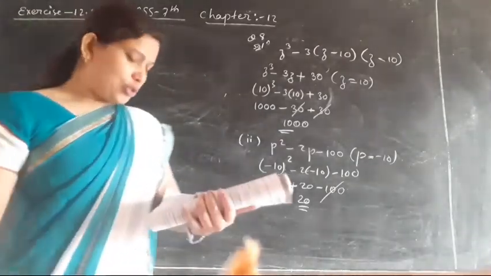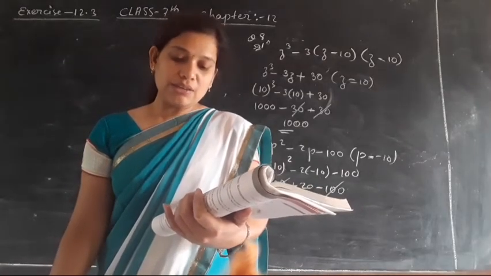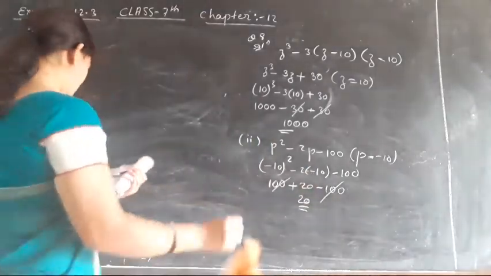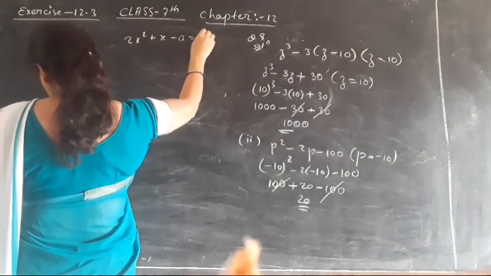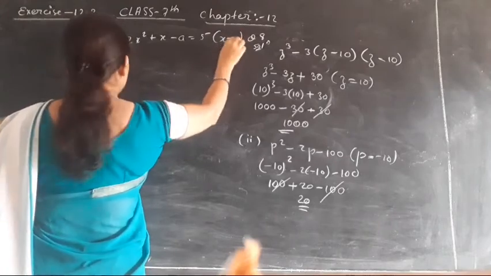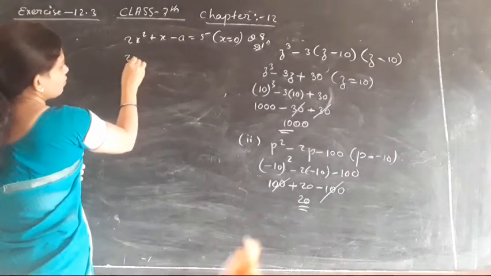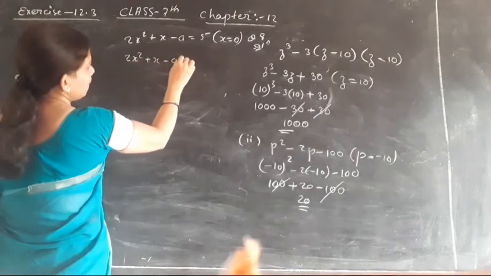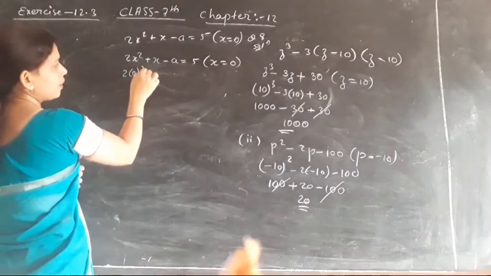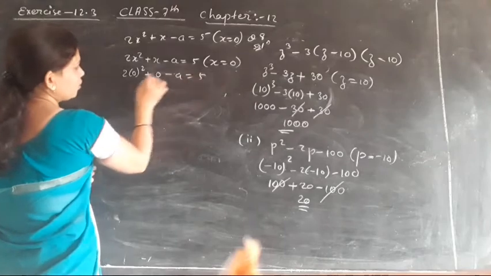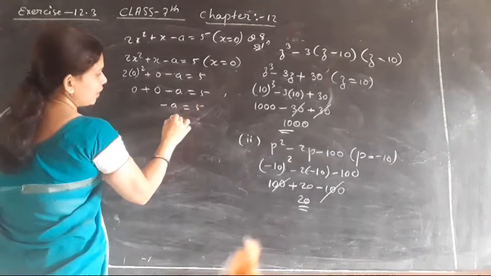It is said that what should be the value of a if the value of 2x square plus x minus a equals 5 when x is equal to 0. Means, if we put x as 0 in this equation, what will be the value? So the equation is 2x square plus x minus a is equal to 5, and what do we put for x? 0. Wherever x is, we will put 0. So this directly becomes 0 plus 0 minus a is equal to 5. So minus a is equal to 5, where a is equal to minus 5.